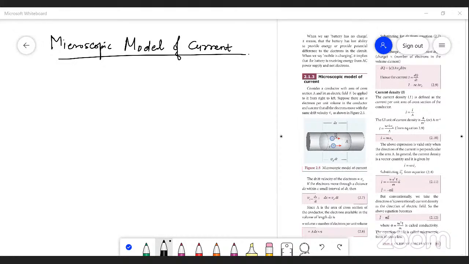Here in this microscopic model of current, we are going to derive a relation between current and drift velocity, and then we are going to discuss the current density, the relation between current density and electric current, and then the relationship between current density and the applied electric field.